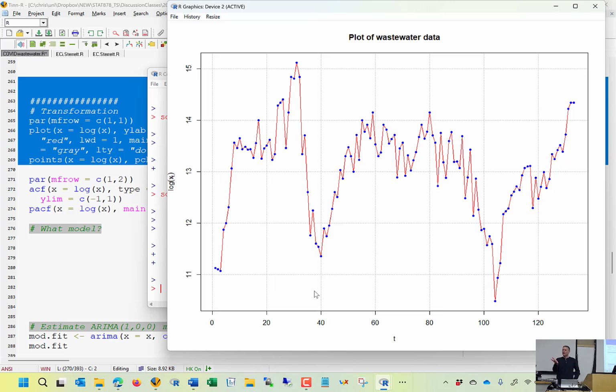Compared to what we had before, where we had a big spike, and then things went level, and then a little bit of a spike for a while, then we go down. I don't see that as much.